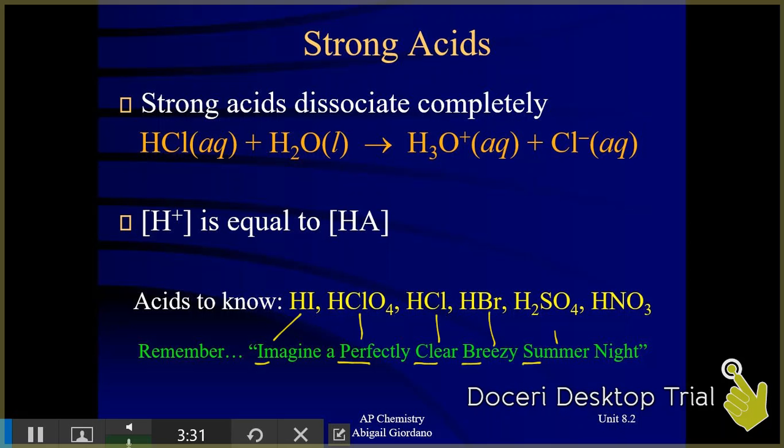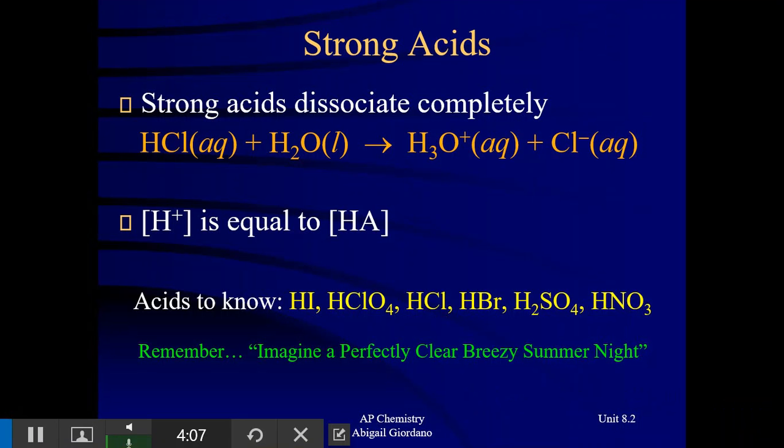Summer: sulfuric. Night: nitric. It is absolutely imperative, ladies and gentlemen, that you commit these acids to memory. So these are the 6 strong acids. Any acid that is not in that list must be a weak acid, will not completely dissociate, and we're going to talk more about weak acids in a later lesson.